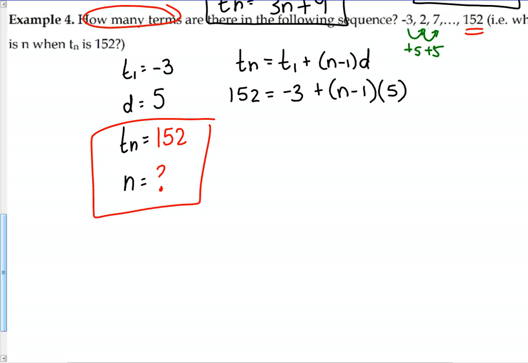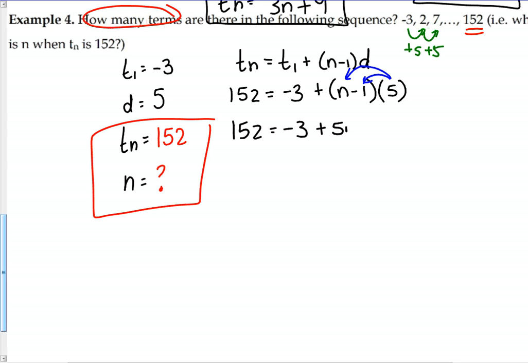Before we can combine like terms, you could actually add the 3 to the other side right now. Yeah, you could do that. I would personally get rid of the brackets, but you're welcome to add the 3 first. So either would work. I would get rid of the brackets, but that's just me.